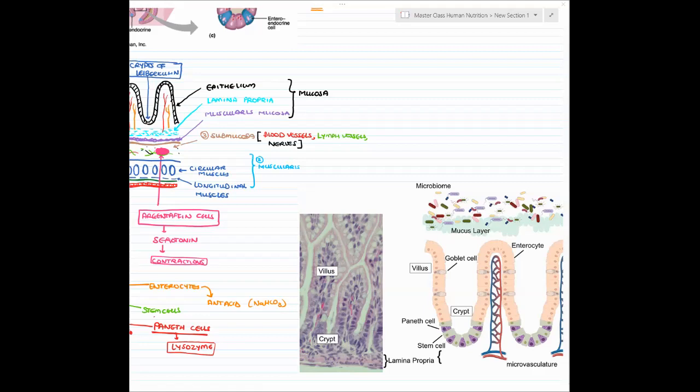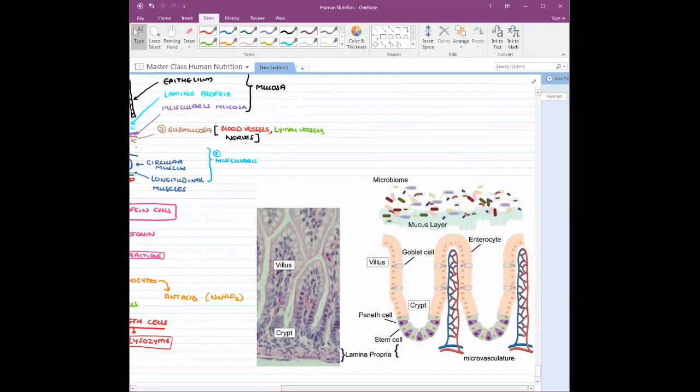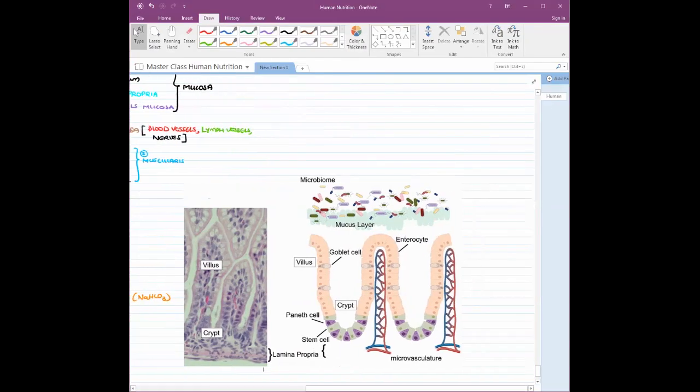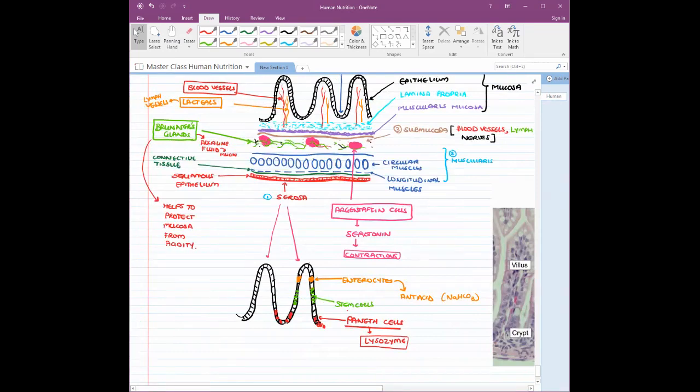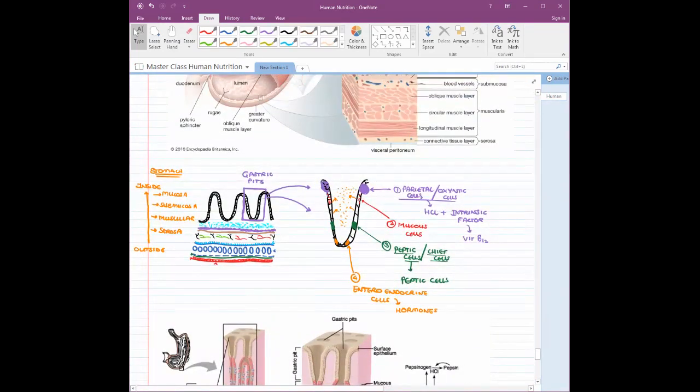Okay, everybody all right with this, guys? Sure, no issues. If you want, just have a look. Goblet cells are the mucus producing cells, the mucous cells. These are the ones that are going to be present throughout. So these mucous cells are also known as goblet cells.